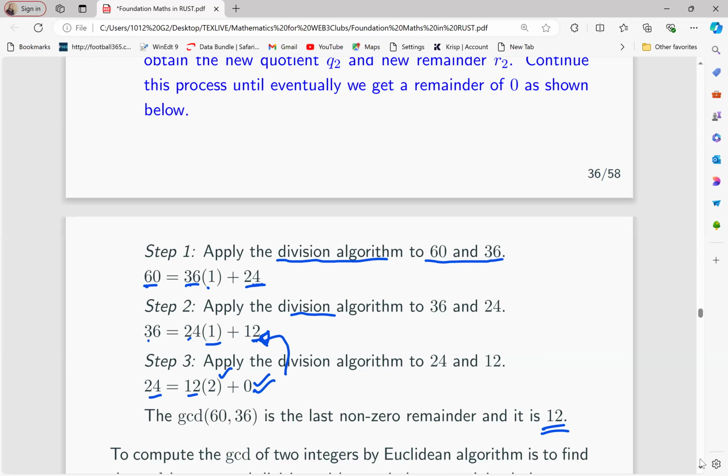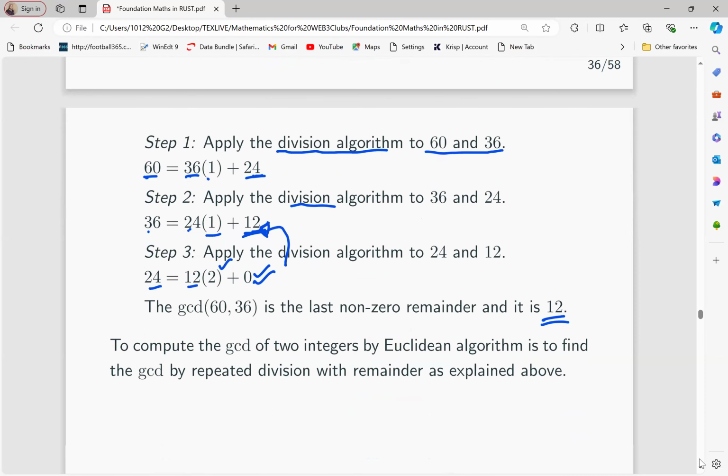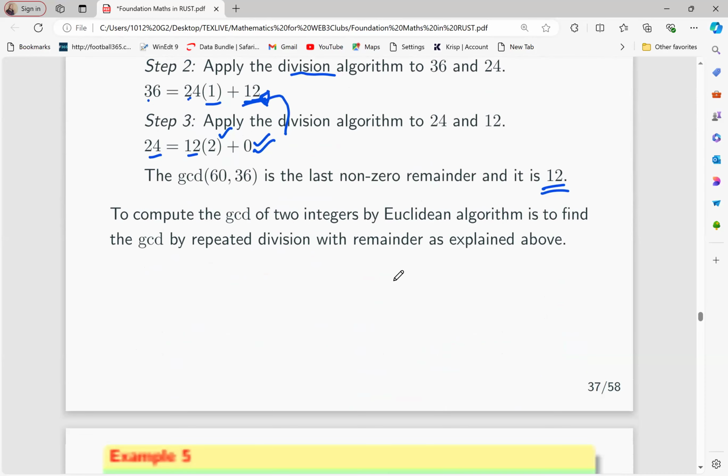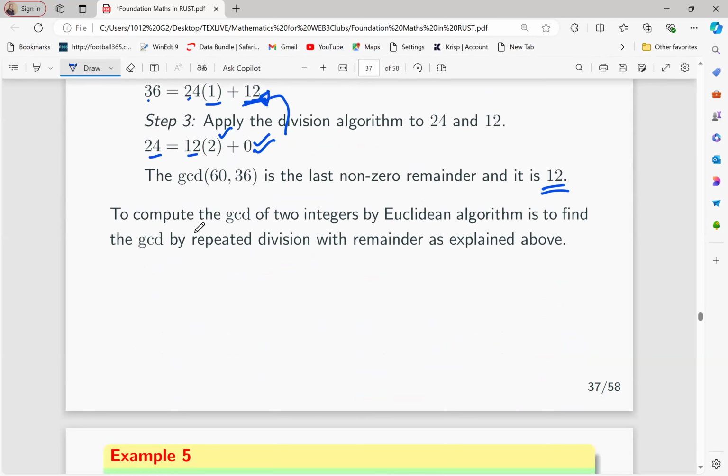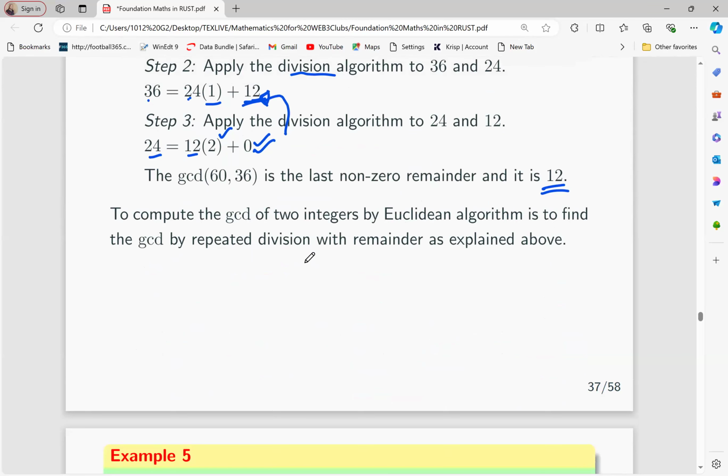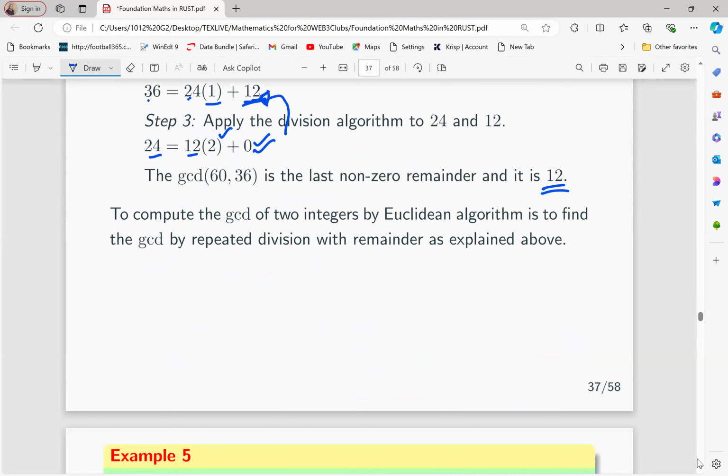Then it's supposed to understand that the remainder just above this 0 becomes the GCD. So I've just said here that to compute the GCD of two numbers by the Euclidean algorithm is just to find the GCD by repeated long division, as you note the remainder at every stage.